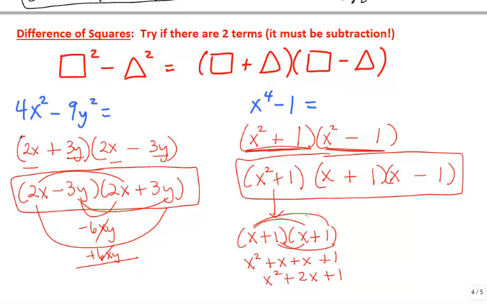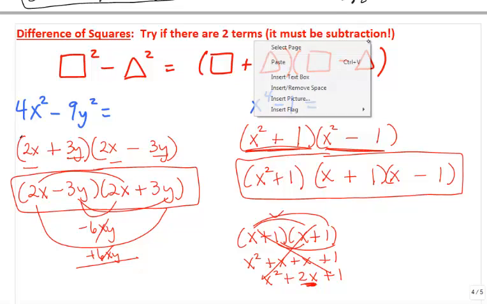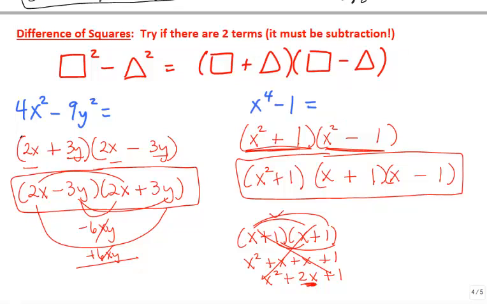So it doesn't factor into x plus 1 times x plus 1 because the original polynomial did not have a middle term, but that's what you get. You do get a middle term when you multiply x plus 1 times x plus 1. So this is actually wrong, and you can't factor a sum of 2 squares. You can only factor a difference of 2 squares.